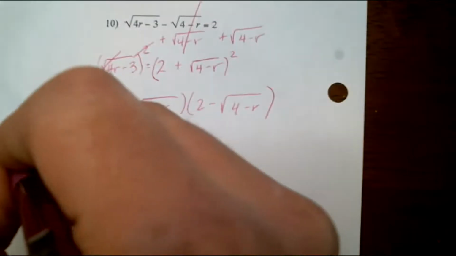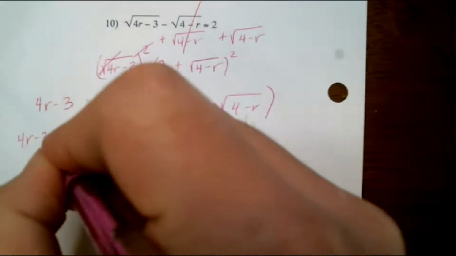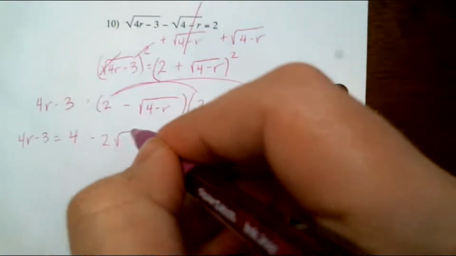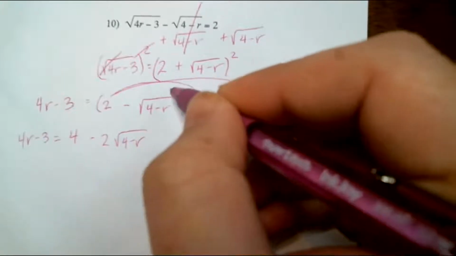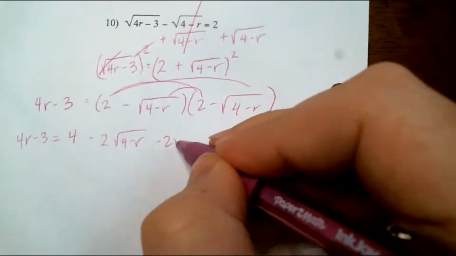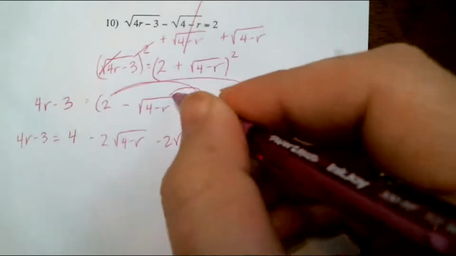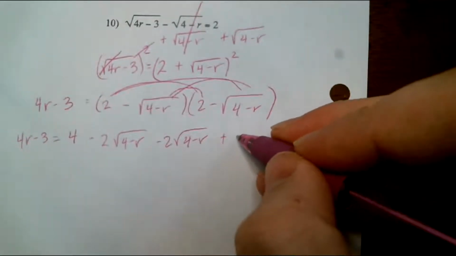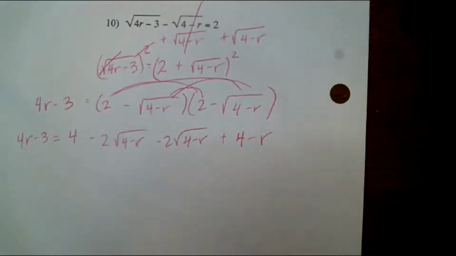And, of course, we need to FOIL that right side. So first, 4, that's simple. Outside, minus 2 radical 4 minus r. Go inside, minus 2 radical 4 minus r. And go last, which would just be plus 4 minus r. Should look something like that.